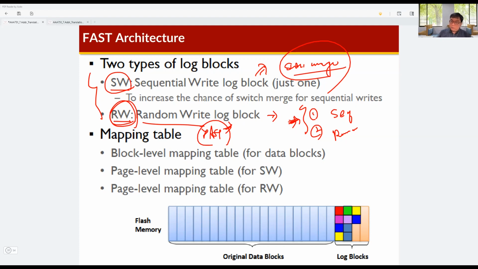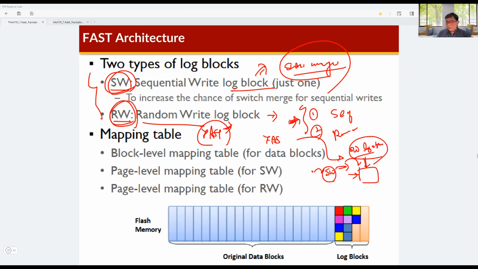And then in order to avoid this situation, FAST also has a specialized log block called the sequential write log block. Okay, so that means that if a certain write is determined as a sequential write, then this write is done inside of this sequential write log block.